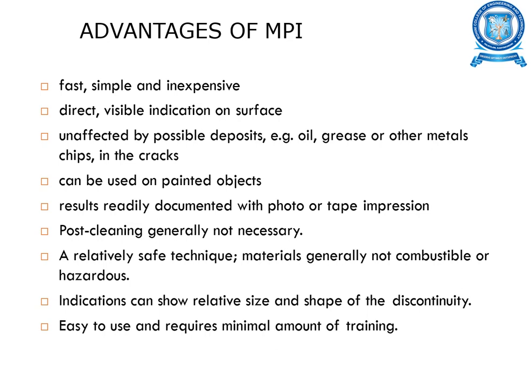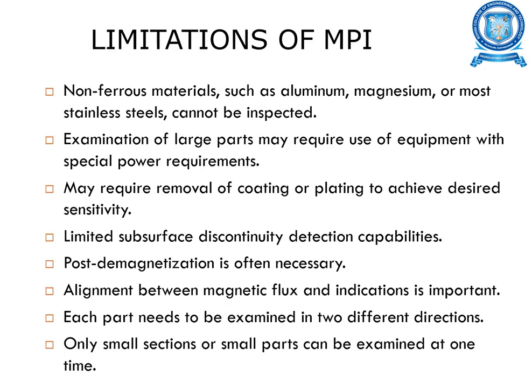The results are readily documented with photos or tape impression, and post cleaning is generally not required. It is a relatively safe technique. Materials are generally not combustible or hazardous, and the relative size and shape of the discontinuity can be indicated. It is easy to use and requires a minimal amount of training for the tester.